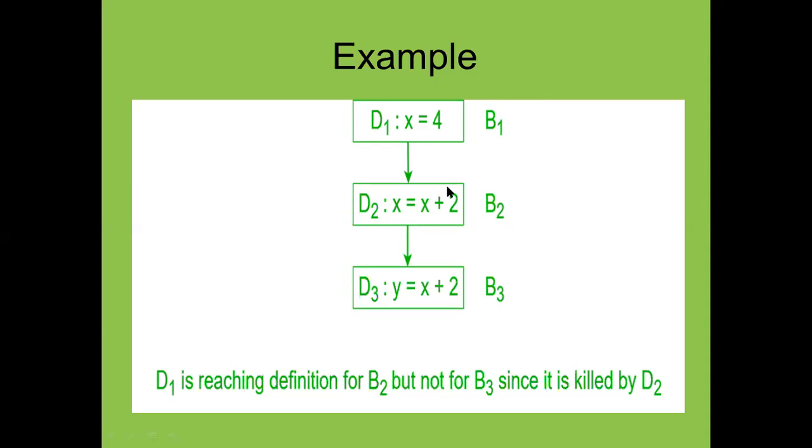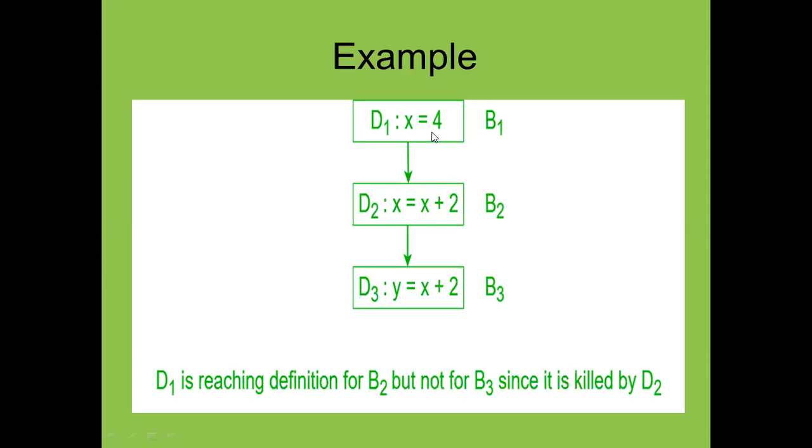Now just check here. D1 is reaching definition for B2. Why? X is equal to 4, and this depends on this value. Here again we are going to write X equal to X plus 2, so the value of X will change and it will be 6. Now it is very simple.